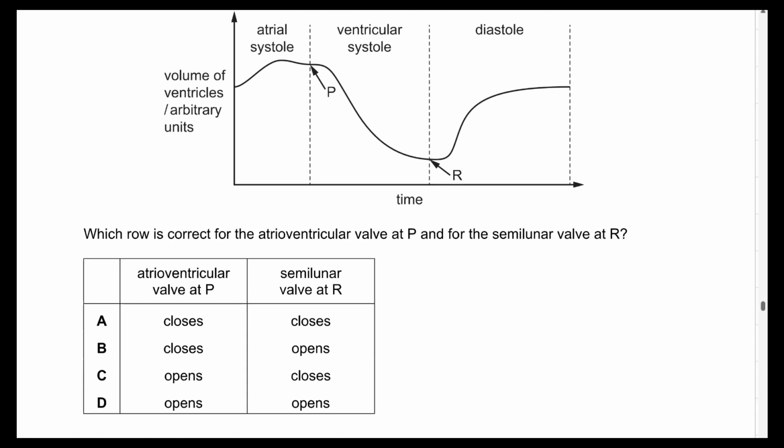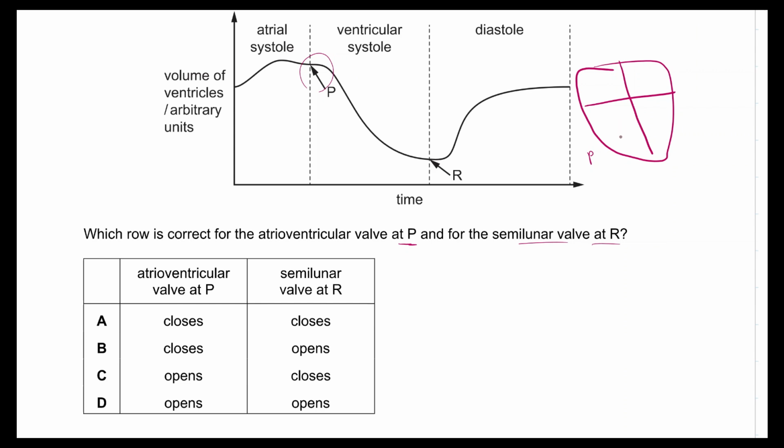Question number 27. Which row is correct for the atrioventricular valve at P and for the semilunar valve at R? So we could see that this is ventricular systole. Now, what happens at ventricular systole is that the ventricle contracts. Therefore, the pressure in the ventricle, at the start only, is large enough.